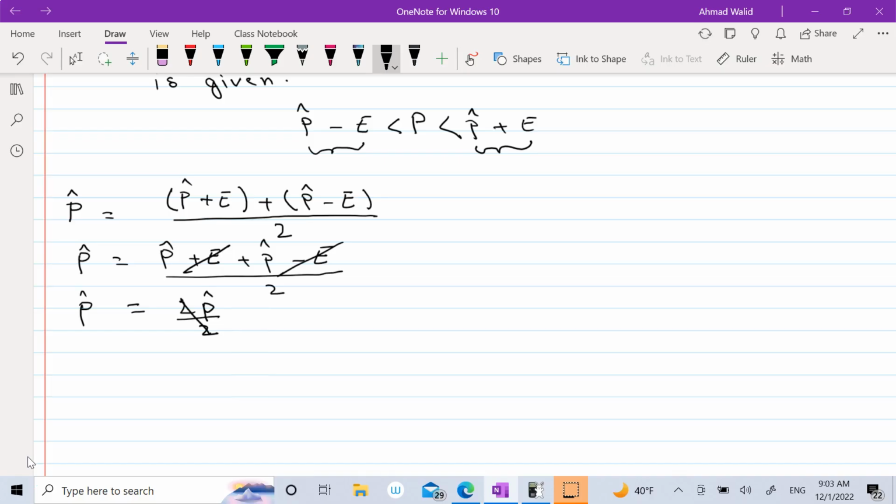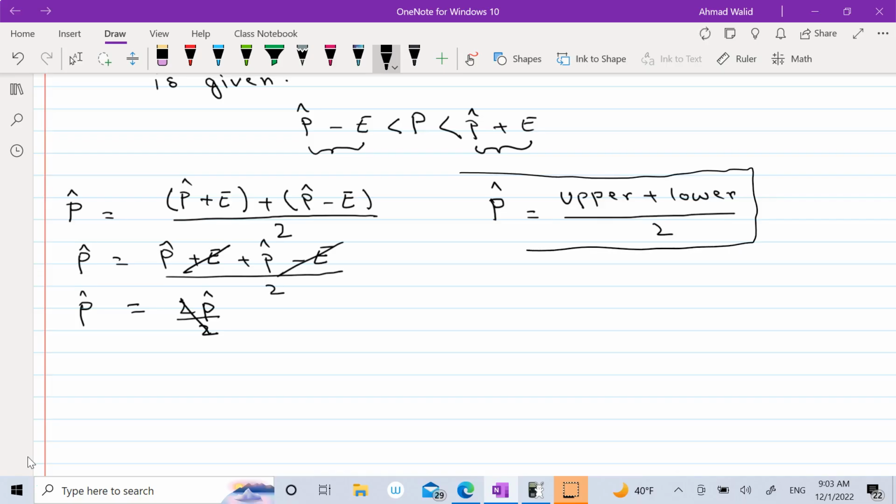You need to memorize this: if you want to find p hat, the probability of success, always add the upper plus lower, divide by 2. That will be your formula to find p hat. And if you can find p hat, then q hat equals 1 minus p hat, right?